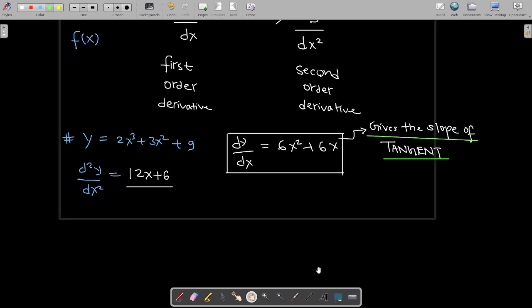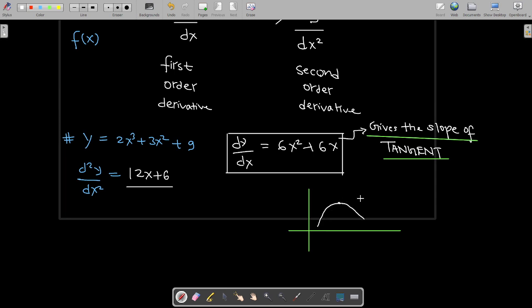Now, this gives you the slope of the tangent. So if a maxima or a minima is there, now what is a maxima or a minima? It's like a hump structure, like when you have a value that is greater than the neighboring values.